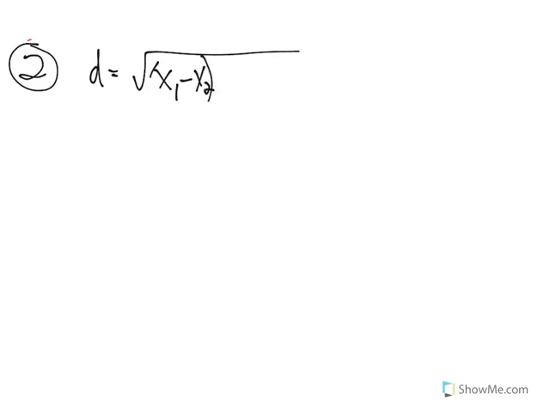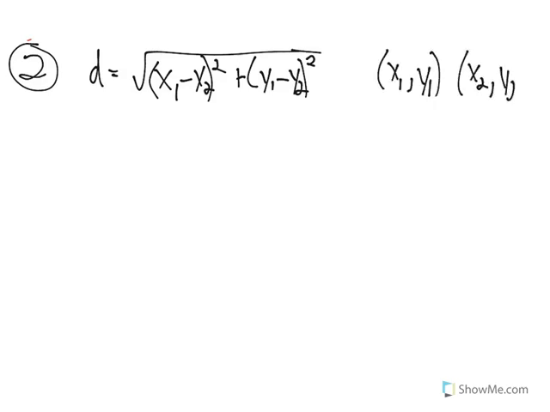Alright, number 2. Let's switch back to normal black ink here. So number 2, let's find the distance between these 2 points. Let's just recall that the distance formula is the square root of x1 minus x2 squared plus y1 minus y2 squared, assuming you're given points x1, y1, and x2, y2.